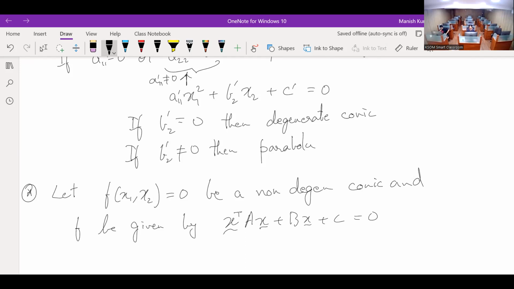Any f you can write this way, where A is a 2 by 2 symmetric matrix.